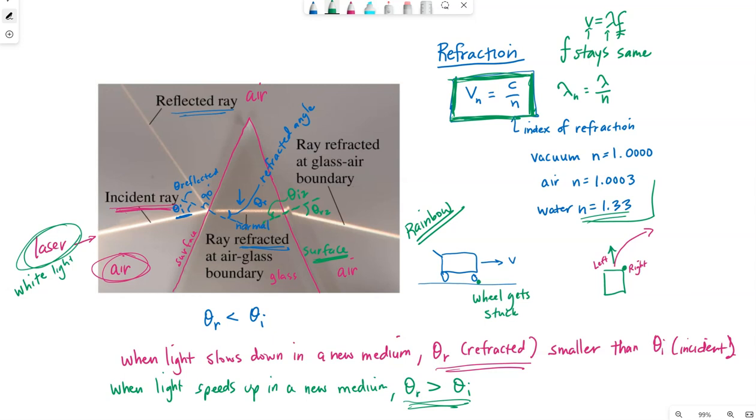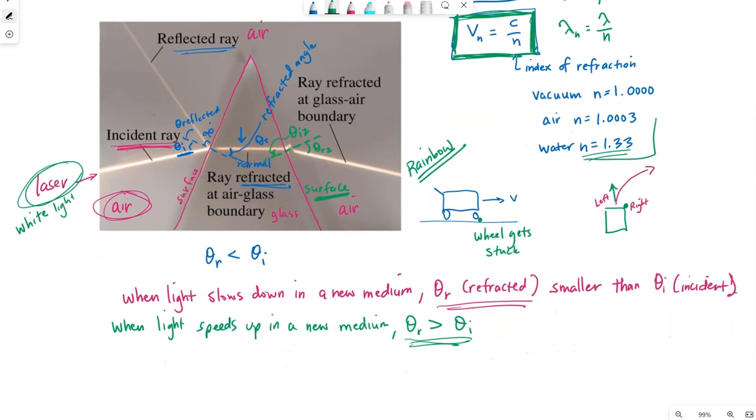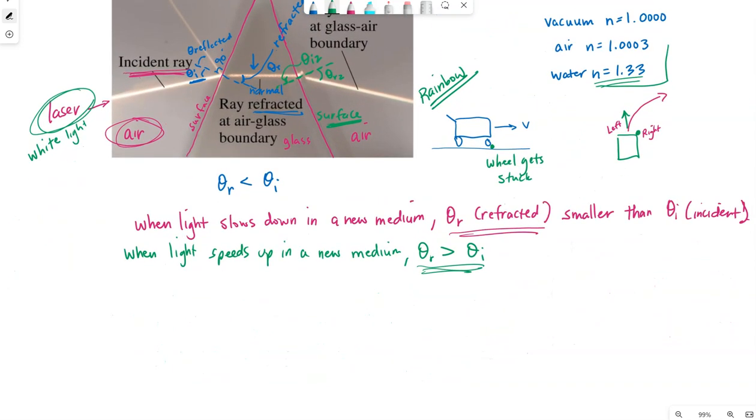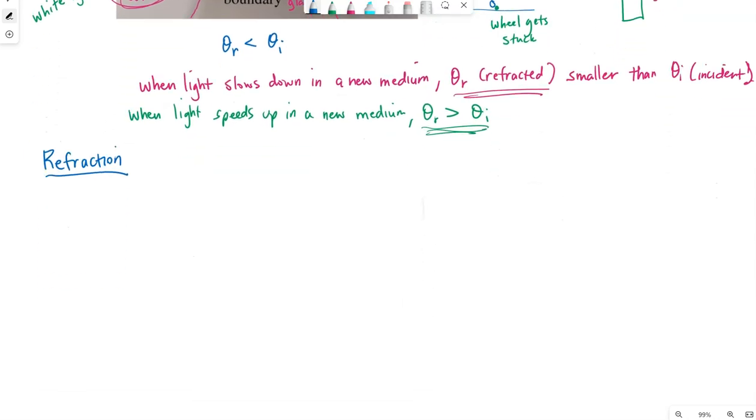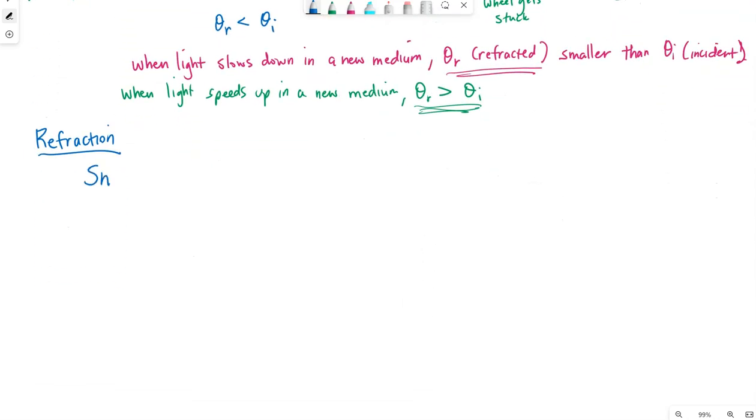All right, so we have an equation that describes and relates our incident angles and refracted angles. With refraction, Snell's law is the equation that relates the incident angle to the refracted angle.